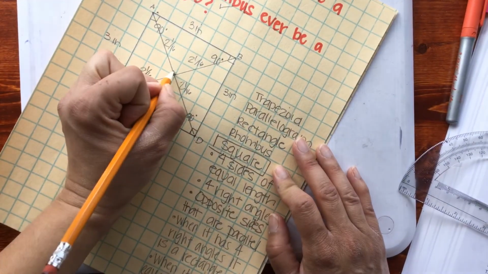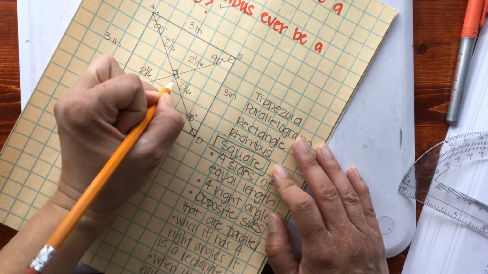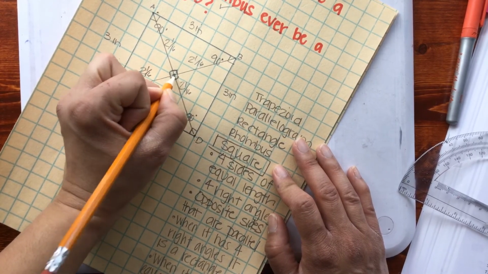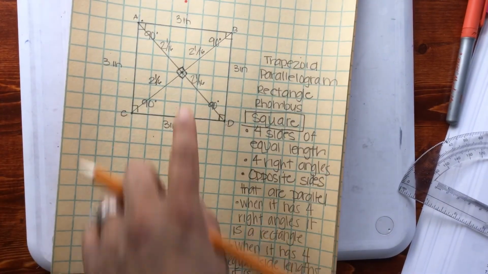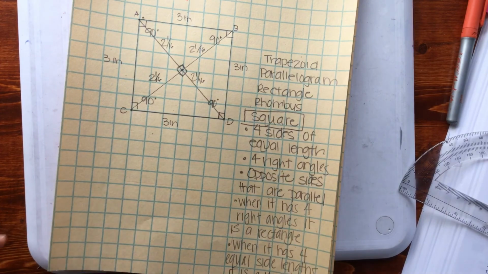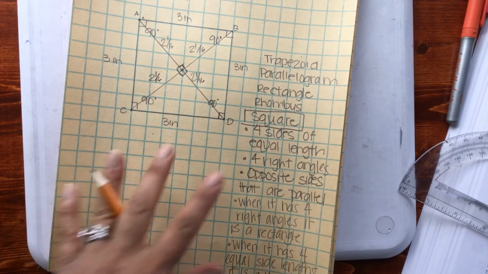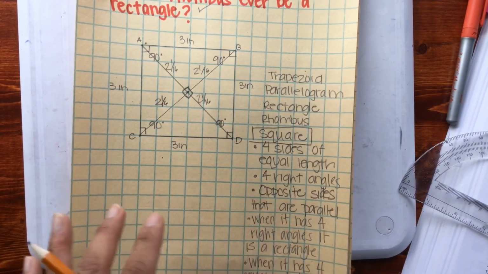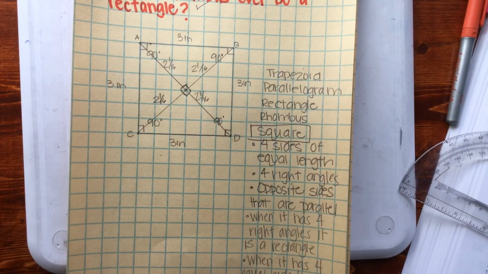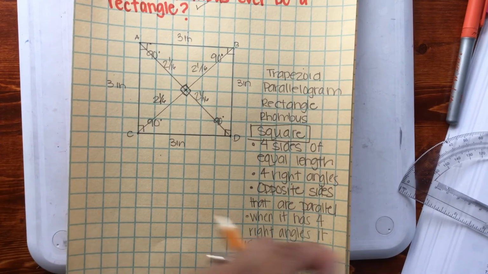So that kind of tells us a little something. When we drew a rectangle, we knew that rectangles, their diagonals bisected. We also knew that they formed 90-degree angles where they intersected. So since a square is a rectangle, it makes sense that we would also see those same things with the diagonals.